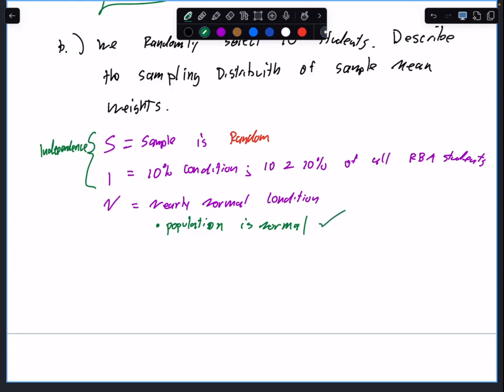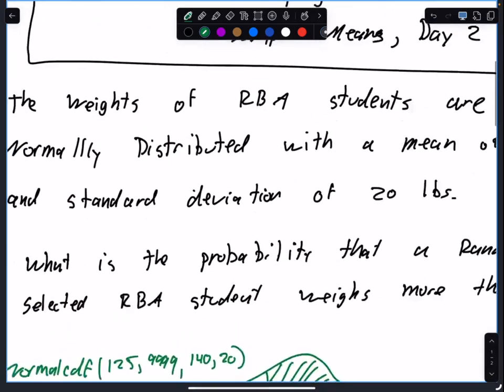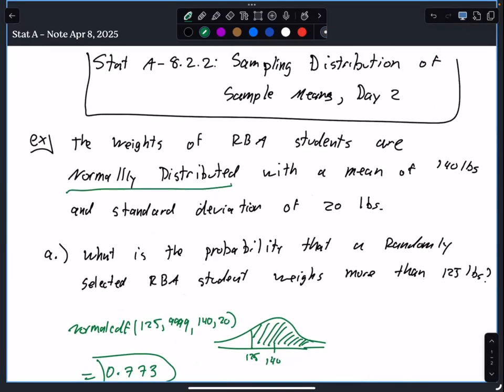Since the population is normal, the condition is already done. If the population was not stated normal, then I need a sample size that's at least 30 all the time. It comes down to being that obvious. The stem of the question will state that it's normal.